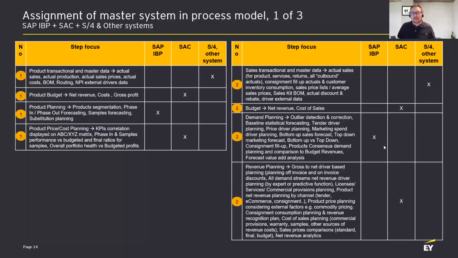So for demand planning, your statistical forecasting baseline should happen in SAP IBP, because this is a tool where this is being done in a very extensive way, with coverage of huge functionality. Planning your drivers related to the products is very helpful to do that.